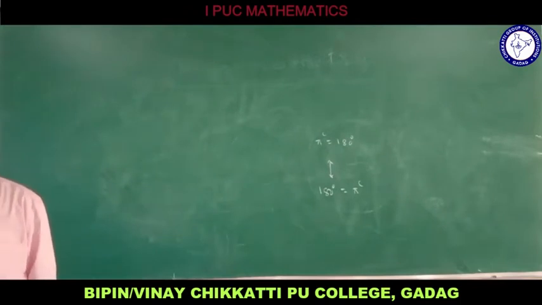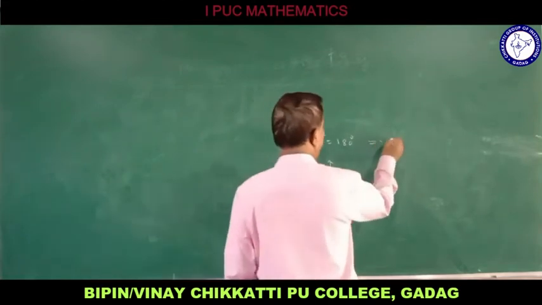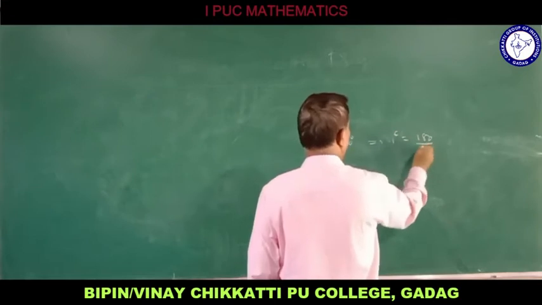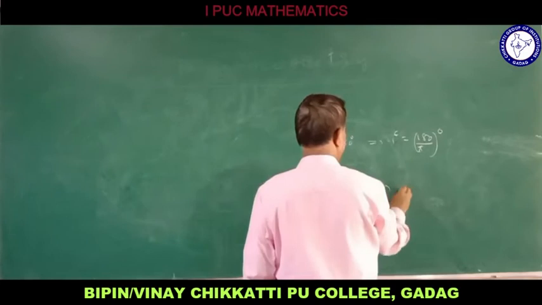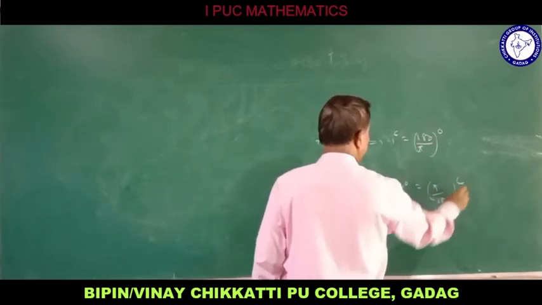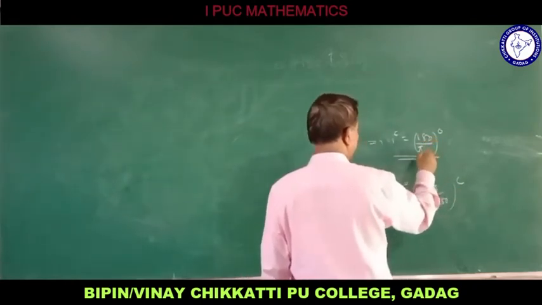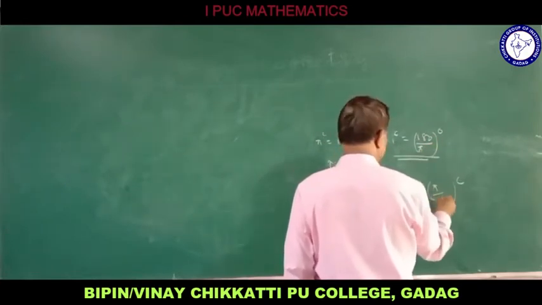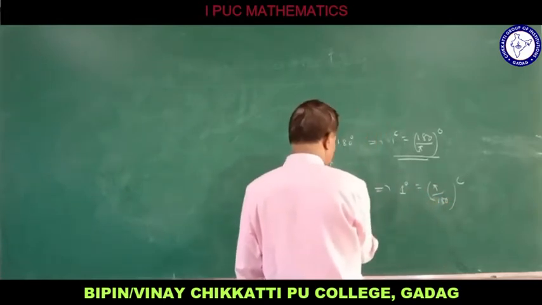When you write that, the formula can be written as 1 radian is equal to 180 divided by pi degree, and 1 degree is equal to pi by 180 radian. Look, 1 radian is equal to 180 divided by pi degree, where pi is 22 by 7. And 1 degree is equal to pi by 180.